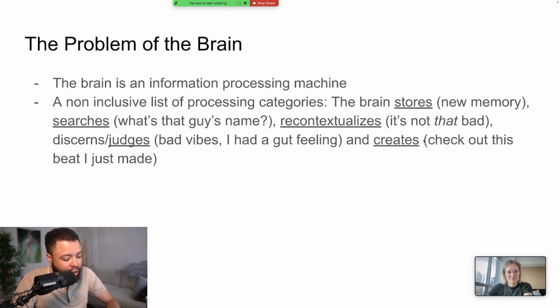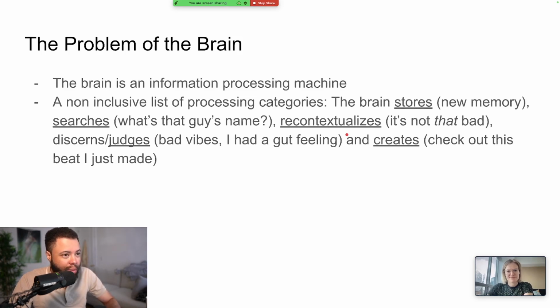So there's a lot of things that a brain can do, and we'll talk a little bit about this as we get further into the presentation. But some of these categories include storing, which is like new memories; searching, which is like, what's that person's name? They're walking up to me, I'm trying to remember; recontextualizing, which is the idea of taking something and turning it into something else.